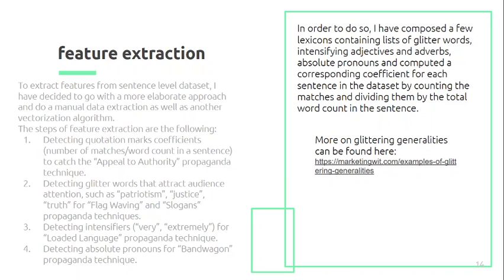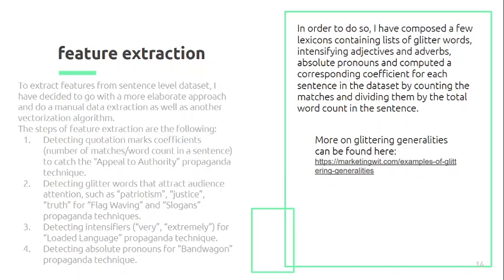The next thing we do is feature extraction. To do so, from the sentence level dataset, I have decided to go with a more elaborate approach and do a manual data extraction, as well as use another vectorization algorithm. So these manual extraction steps include detecting quotation mark coefficients to catch the appeal to authority propaganda technique.